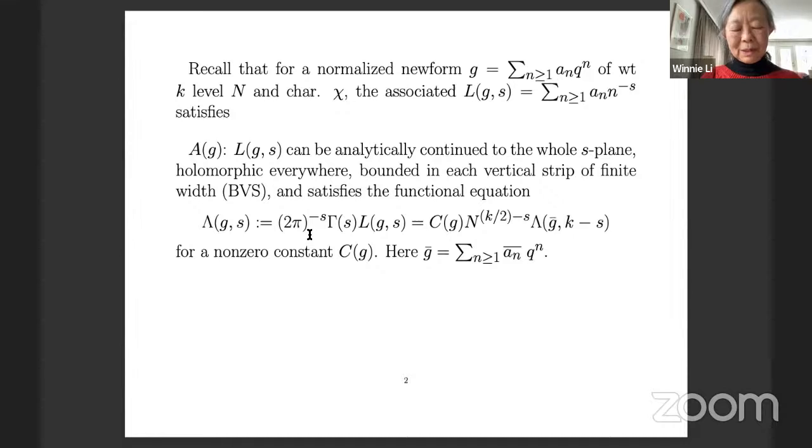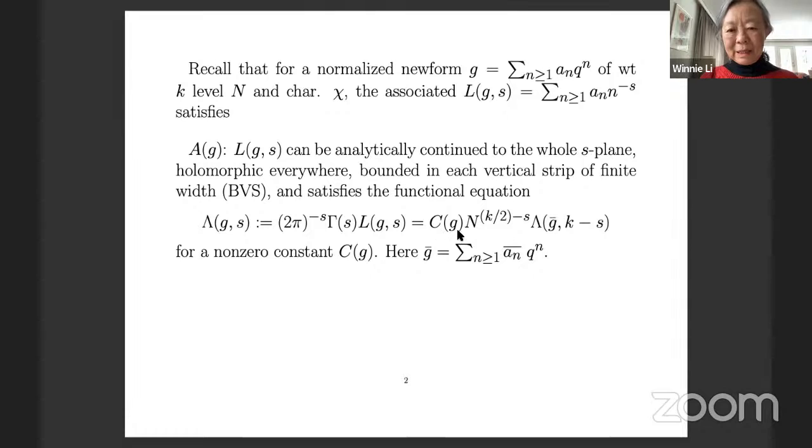It also satisfies a functional equation. For that, we multiply by the gamma factor, which is of the type (2π)^(-s) times Γ(s). After we do that, we get a functional equation relating L(g, s) with the L function of the complex conjugate of g at weight k minus s.